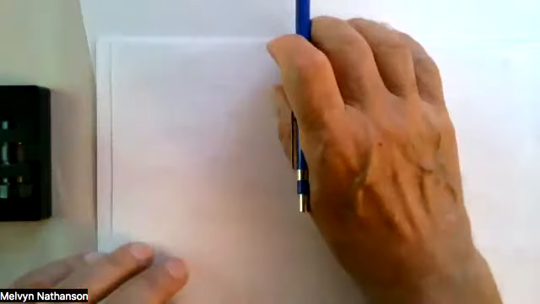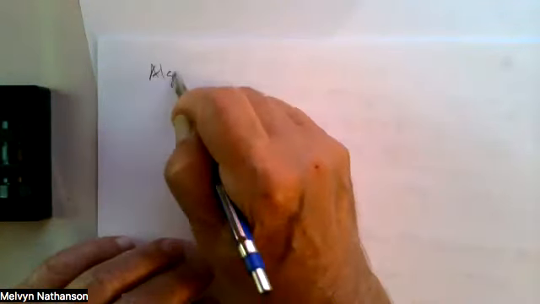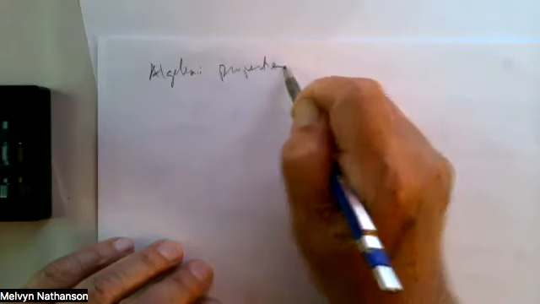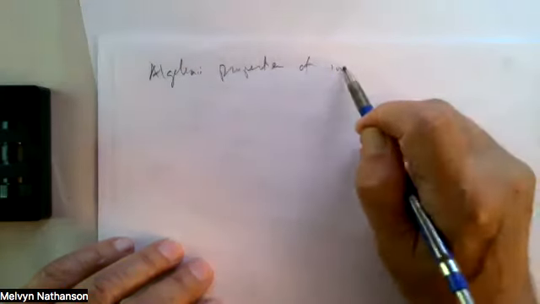So the question is, how can we find an inverse? Let's start by noting some algebraic properties of inverses.